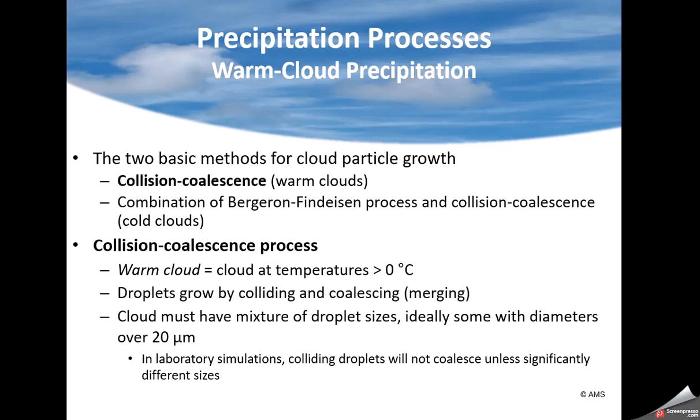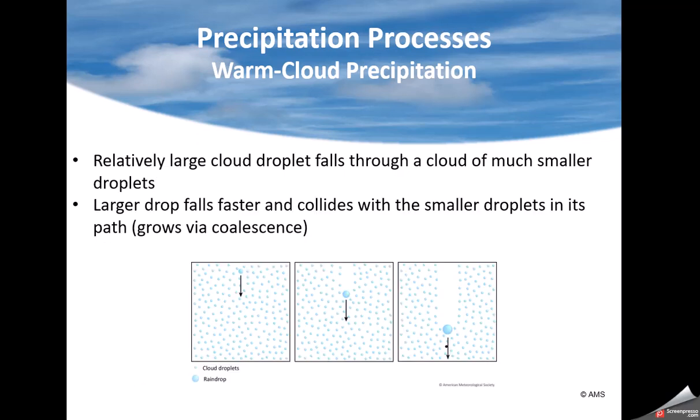What happens is temperature is above freezing, or at least the clouds haven't become iced. When that happens, a little droplet gets a little bit larger and begins to fall. It hits other droplets, grabbing them, pulling them in, and they get bigger and bigger till you get a raindrop.